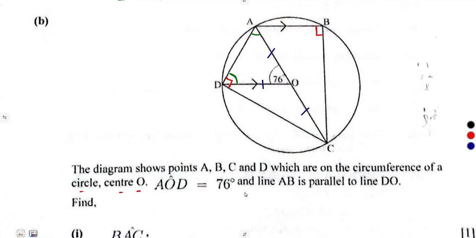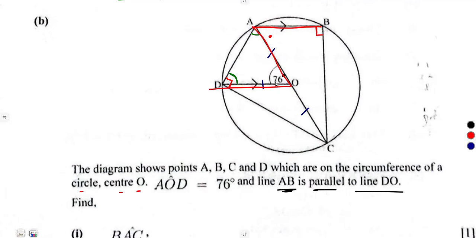All right, another part that you're given is the angle that is 76 degrees at O, angle AOD. That is the angle that we're given. And the line AB is parallel to the line DO. AB and DO, they are parallel. So taking this AO, which is our transversal line, we can see that we are forming alternate angles, as a Z is being formed from these two parallel lines.